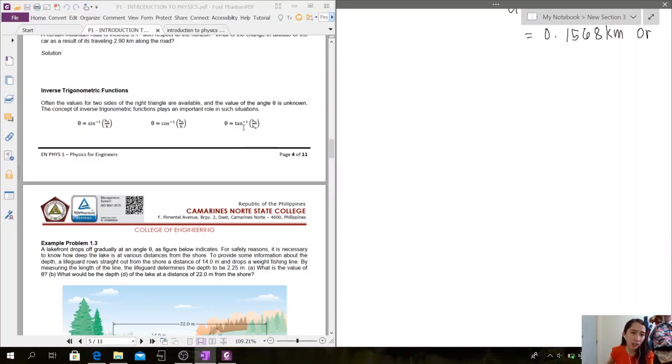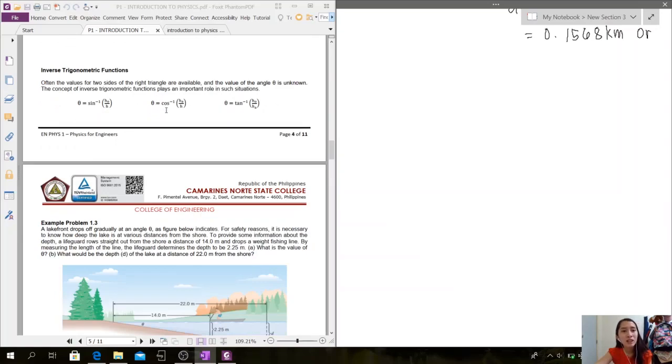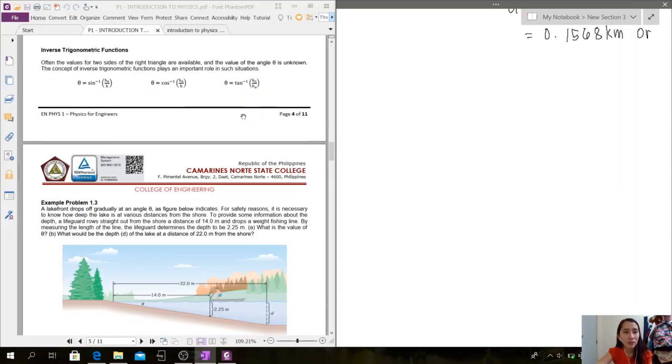And do note that these exponents, yung mga -1, that does not mean take the reciprocal, but it means the inverse trigonometric function. So, sine raised to -1 is not equal to the cosecant. Sine raised to -1 means the arc sine. Same for the cosine and the tangent function.